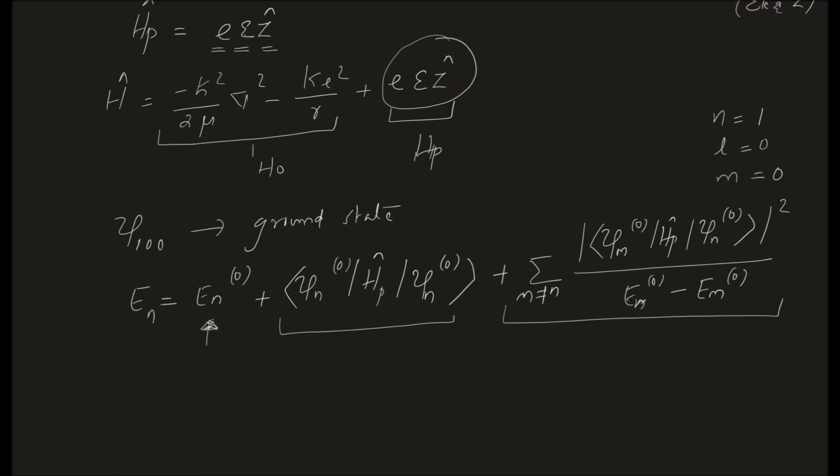Now in place of E_n, we are trying to find the correction in the ground state of the hydrogen atom. So we can write it as E_100, then E_n0 is given by E_100 in the unperturbed condition, and for this, what is the perturbed Hamiltonian here?